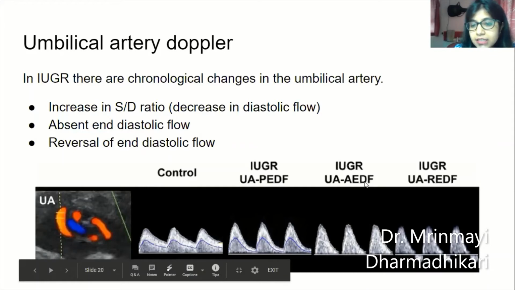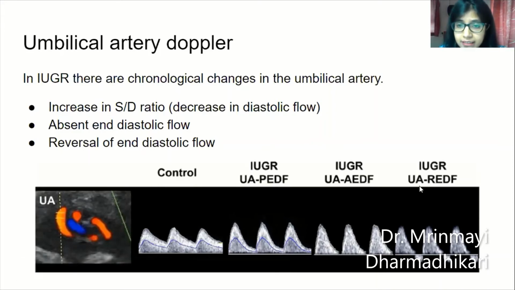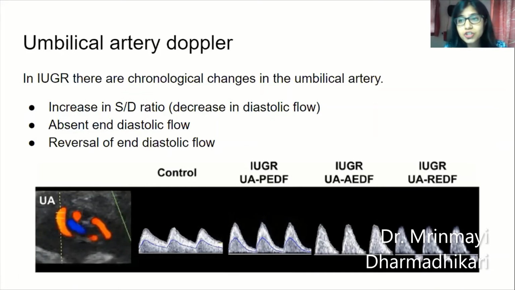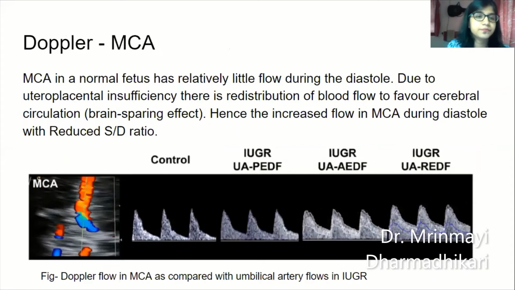Further increase in resistance, absent end diastolic flow in the umbilical artery. So you can see these blank spaces between each systole. And when the placental resistance rises above the diastolic pressure of the left ventricle, there is a reversal of blood flow in the umbilical arteries. So these are the chronological changes which take place as placental resistance increases.